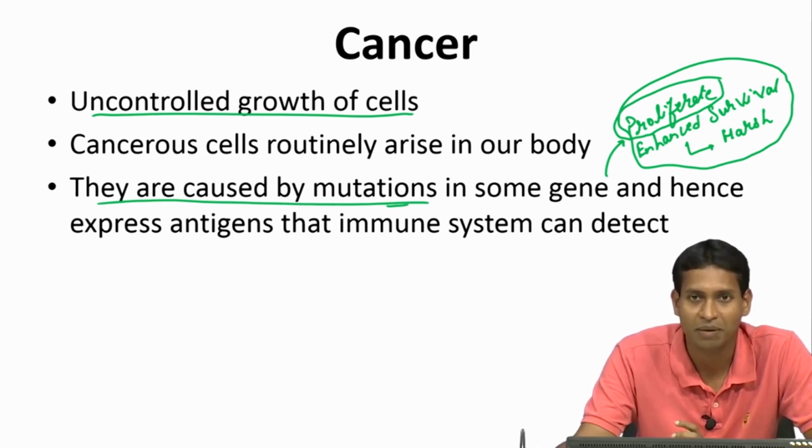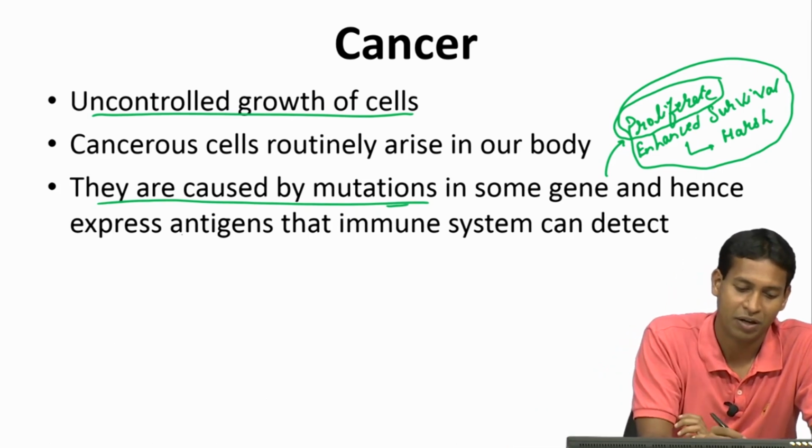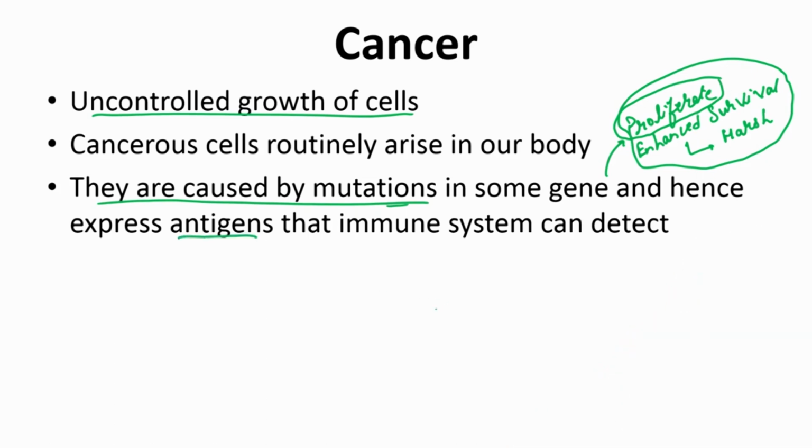So, there are some antigens, because now we can call them antigens, since these are not something that the body knows about. This is not natural; these have been mutated. And these antigens are what the immune system can detect. So, it is fairly feasible for the immune system to detect such mutated proteins.